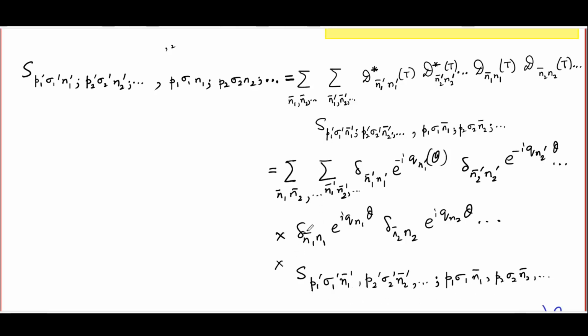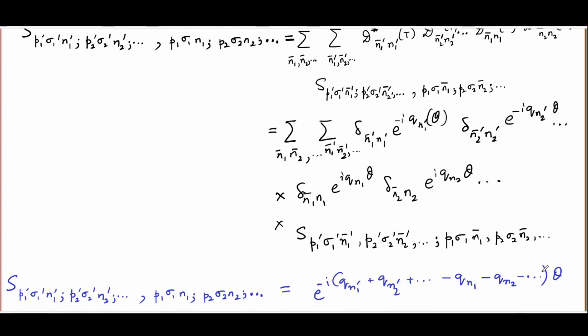Now, because of the fact that your capital Q is diagonal in this basis, and so are the matrices curly D, we have these delta symbols here, the Kronecker delta symbols, which of course makes summing up over n1 bar prime, n2 bar prime absolutely trivial. And if we do that, all that's going to happen is all these n1 bar primes, n2 bar primes become n1 prime, n2 prime and so on. And similarly, the n1 bar, n2 bar here, which are being summed over from the incoming particle states, will also have to be replaced by n1, n2 and so on.